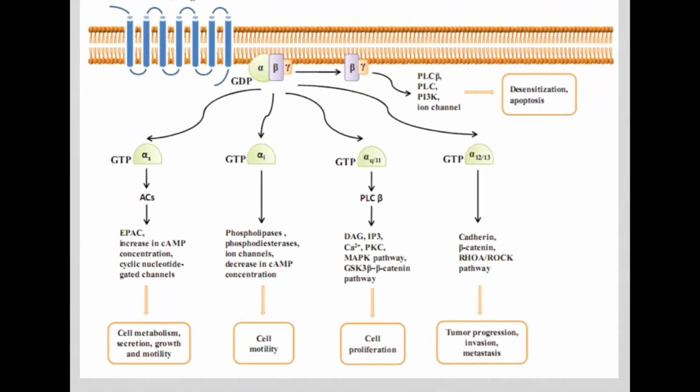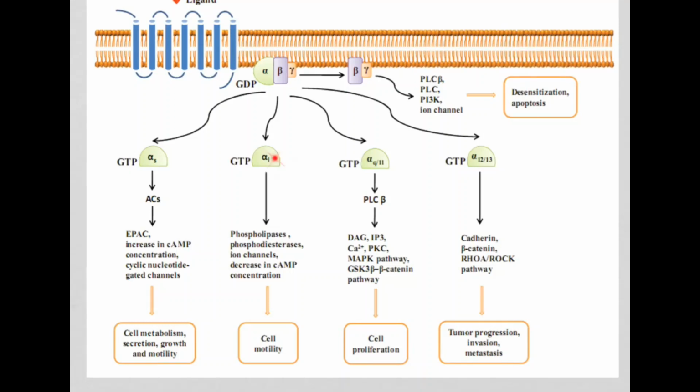So those two are both associated with cyclic AMP, making more of it, making less of it ultimately. But alphas do other things too. There's another category called the so-called alpha Q, or alpha Q/11 category of alpha proteins, that activate an enzyme called phospholipase C beta, and I'll talk about that specifically in just a second.